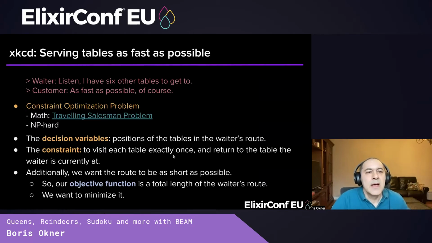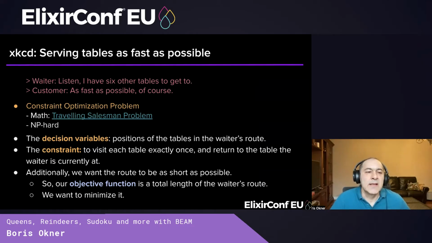Second part, serving tables as fast as possible. Just to remind you that we have seven tables in total, and we want to find a route for the waiter to serve these tables as fast as possible.